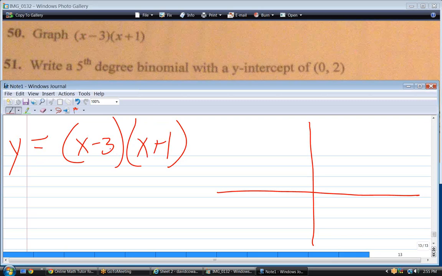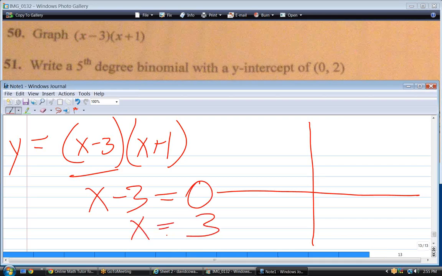So if I want to find where y is equal to 0, I have to set that equal to 0, which is not the same as just reading the sign on that thing. It's always the opposite sign. So when x is 3, this term is equal to 0.